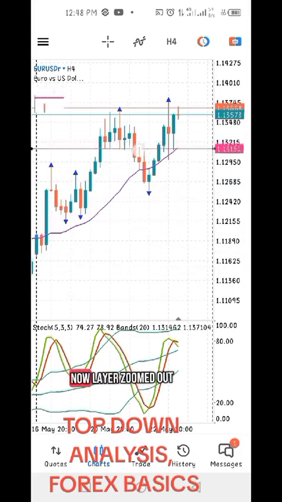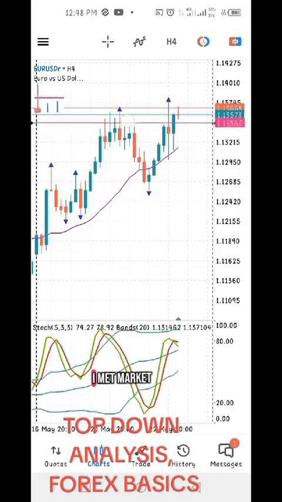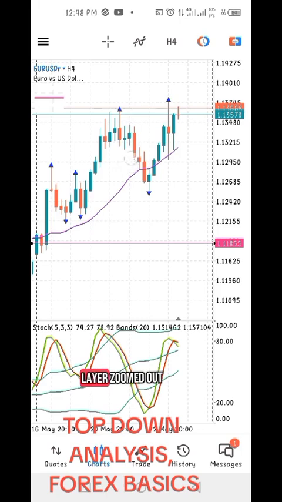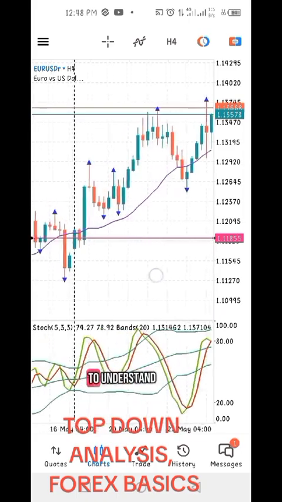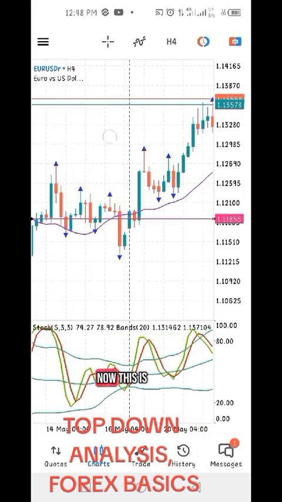Now, let's assume that I met the market around this place, this level. Let's assume that this is the point whereby the market is moving. Okay, let me do something for you to understand. Let's assume that this is the current candle. Are we getting it now?